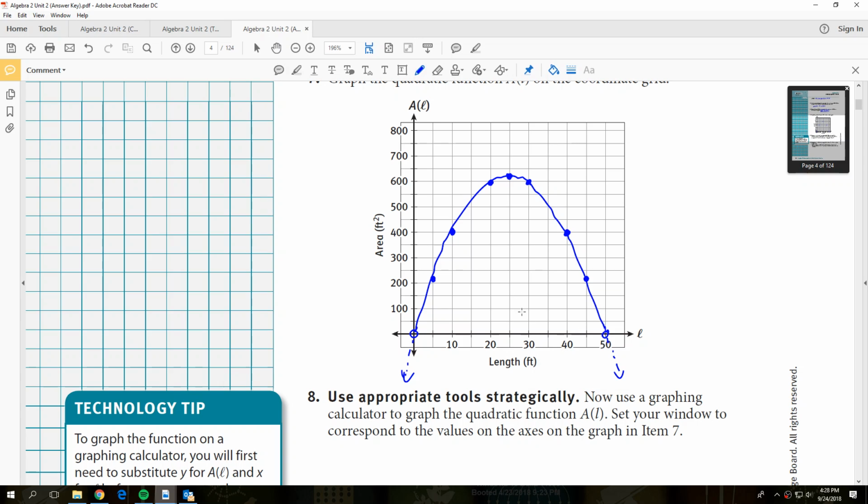You could also do a lot of other things, like hit the trace button and trace along here to see what the values are. You can do second calc, which brings up a lot of different things. You can calculate a value at a specific x, find the zeros or the roots, and find the minimum and maximum by putting in some boundaries.